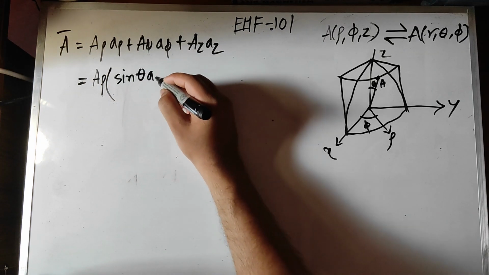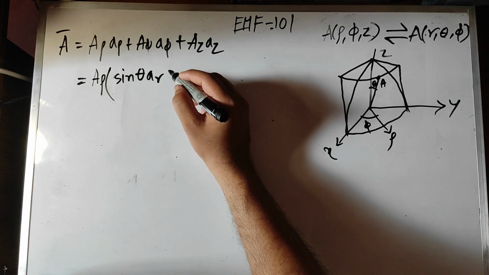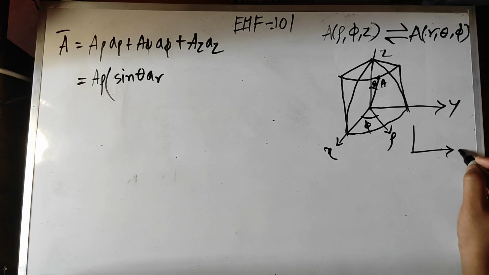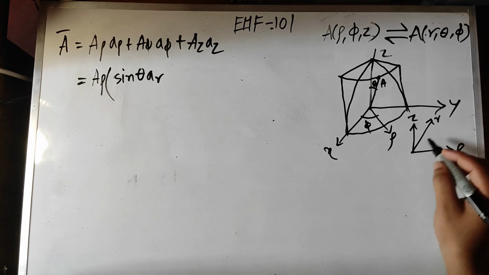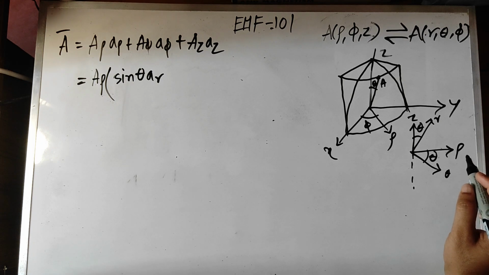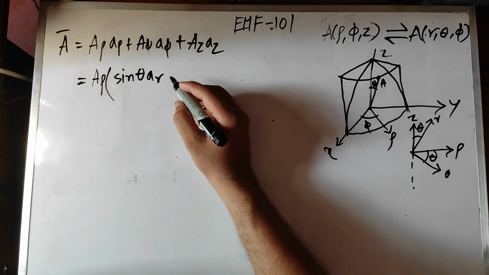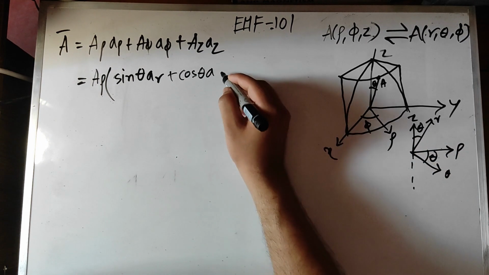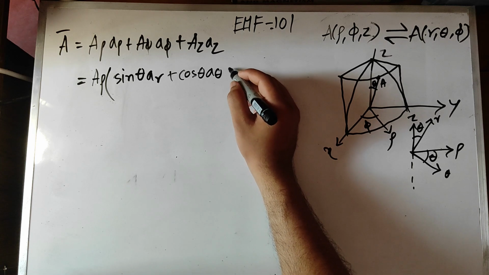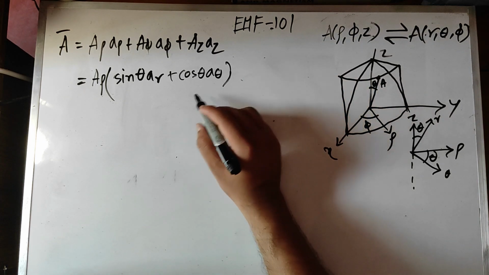For aρ we will get sin θ in the direction ar plus cos θ aθ. And aρ is perpendicular to aφ, so there is no aφ component. This is the conversion.